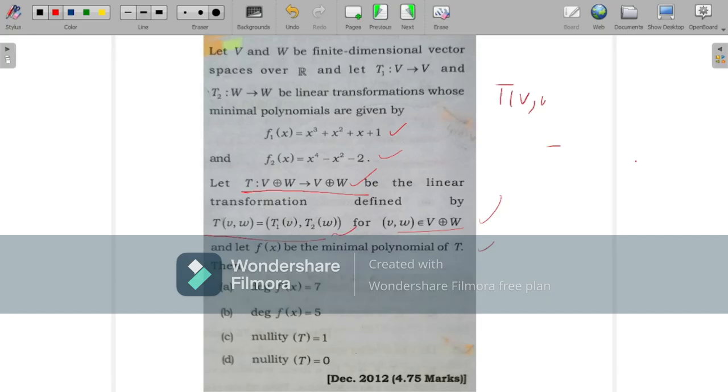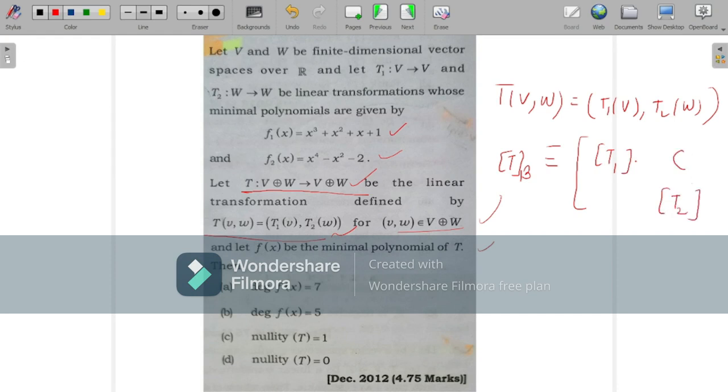If a linear transformation T is defined as T of (v, w) as (T1 of v, T2 of w), then the matrix representation of this T with respect to a suitable basis will be in block form. This is the diagonal block form. This is a zero matrix, this is a zero matrix, and this is the matrix representation of the linear transformation T1, and this is the matrix representation of the linear transformation T2.